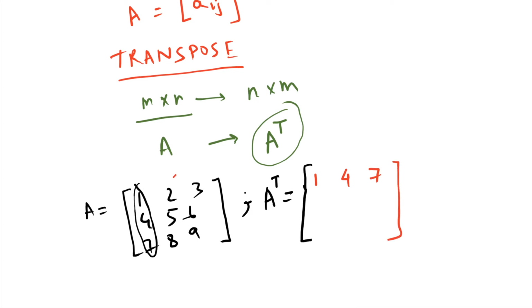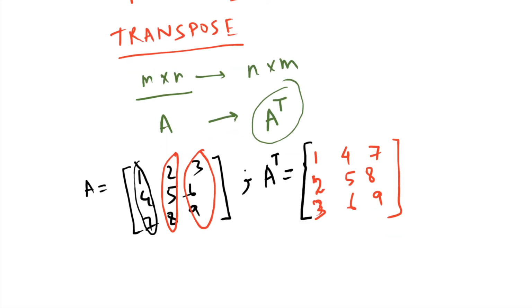The second column of A is 2, 5, 8, and that becomes the second row of A transpose. So this becomes 2, 5, 8. And the third column of A is 3, 6, 9, and that becomes the third row of A transpose. So this is 3, 6, 9.